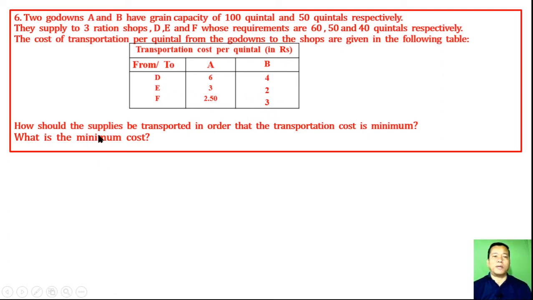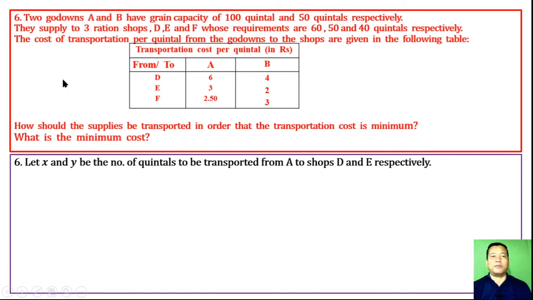How should the supplies be transported in order that the transportation cost is minimum? What is the minimum cost? Identify the decision variables.